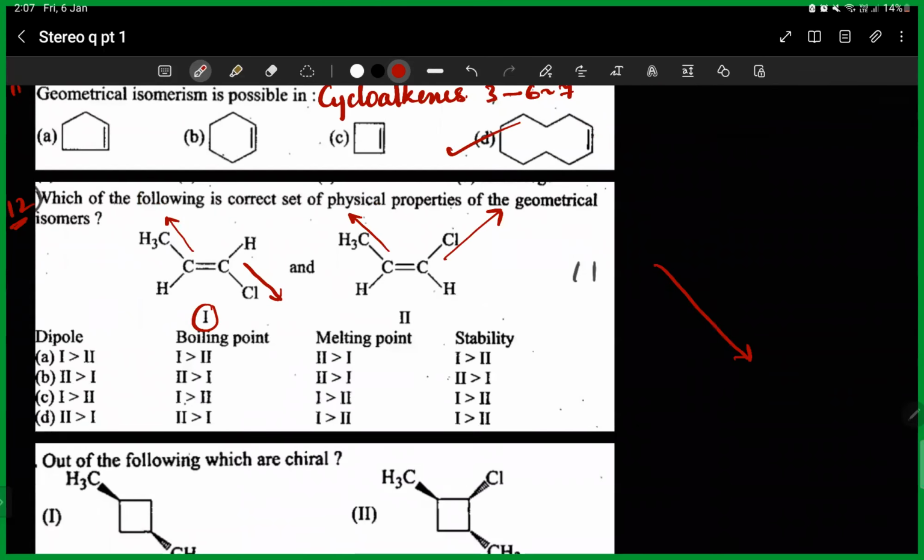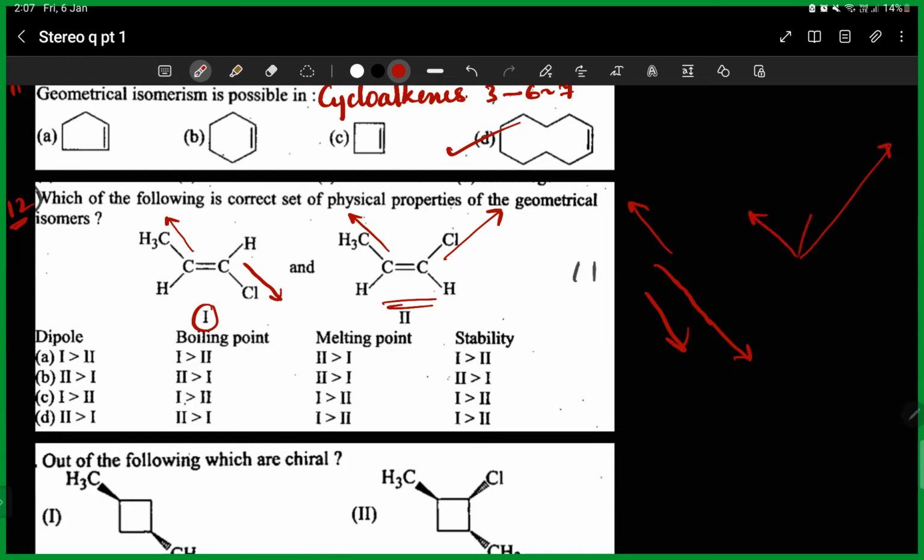Chlorine is highly electronegative and carbon is very small. Okay. Now let me draw that. So the net resultant will be, we have opposite directions, right? So the net resultant will be towards here. Okay. Now, in case of this one, you have more here and less here.